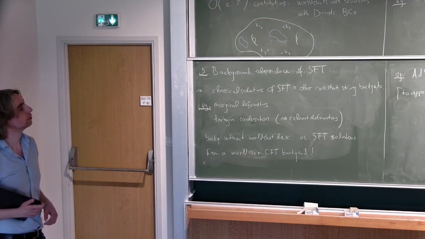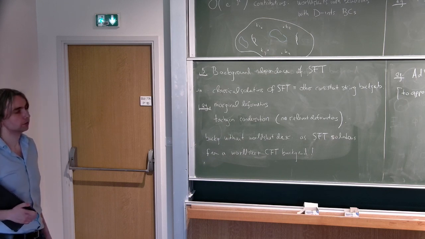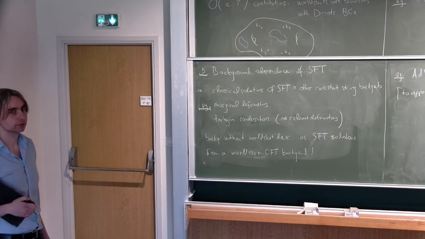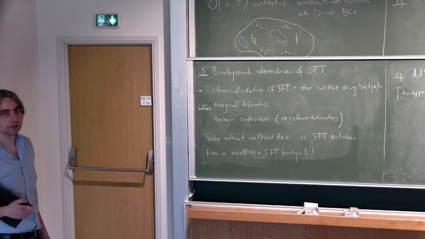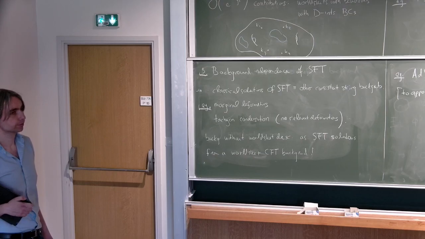Okay, so I guess the conclusion is that even if the space of consistent backgrounds of string theory is disconnected, this is not an obstruction for string field theory to be able to describe that, right? Yeah, right. On the other hand, some of the promise here seems to be that you can start from one background and go a long way.